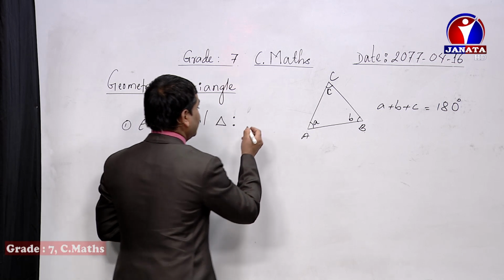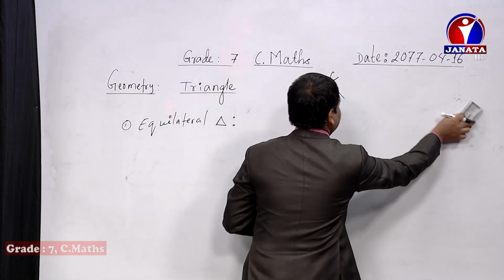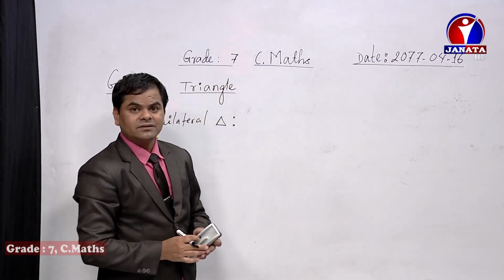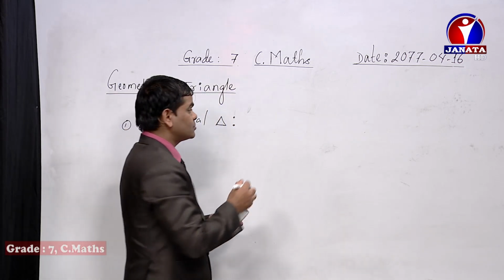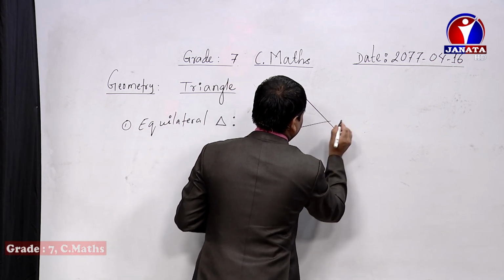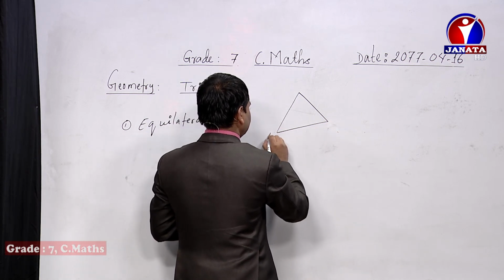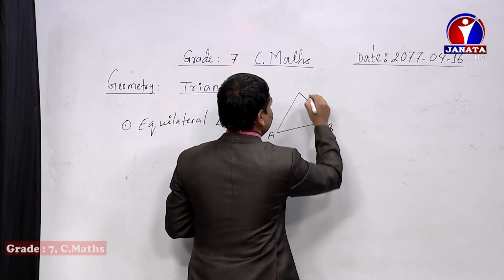Dear student, I am going to make an equilateral triangle here. But anyhow, whatever the type of triangle, the sum of the angles of the triangle becomes 180 degrees. So I am going to make an equilateral triangle. For example, this is an equilateral triangle. I'm going to give the name of this one ABC.